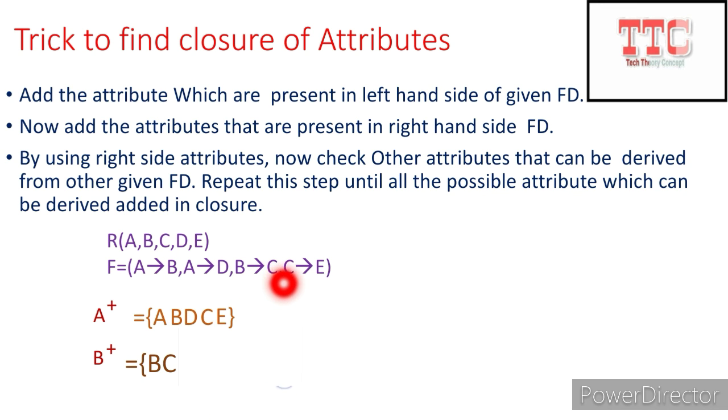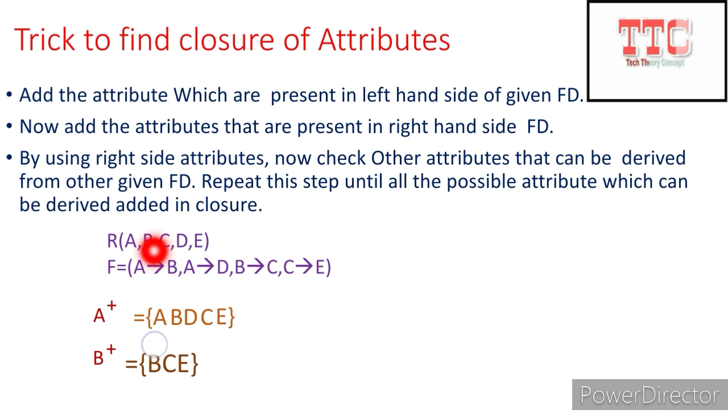Now we will check if we have any functional dependency that starts from C. Here we can find C determine E. So we will add E. Is there any functional dependency starting from E? We will check again, there is no functional dependency starting from E. Now we have the closure of attribute B, it is B, C, E.